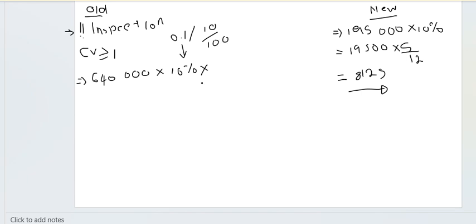So don't be mistaken. If you are using a calculator other than Casio that does not have a percentage sign, you can just say 0.1 or you can just say 10 over 100. It's up to you which one you use, but any of them will be correct.